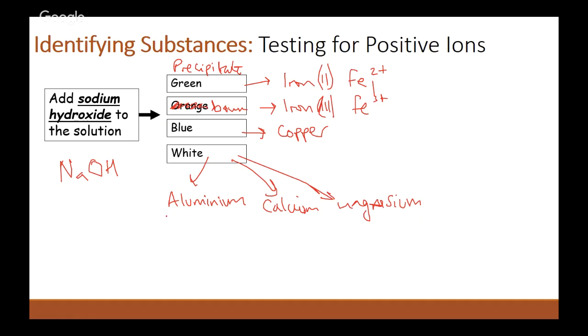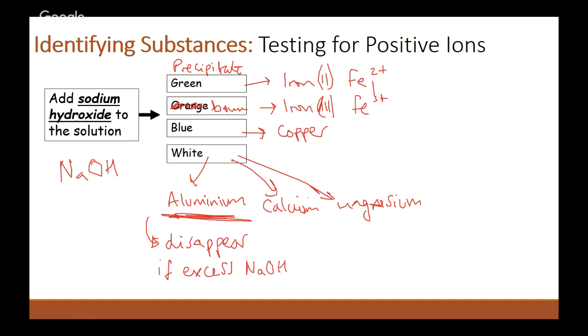And one thing you can do is find out whether it's aluminium or not. These two, you could do a flame test and this would be red. But if you add excess sodium hydroxide, so that's add even more, this aluminium will disappear. So this precipitate will break down again and disappear if excess, which means lots more until no more reacts, sodium hydroxide is added.